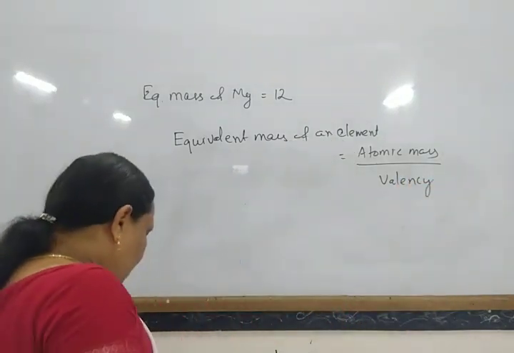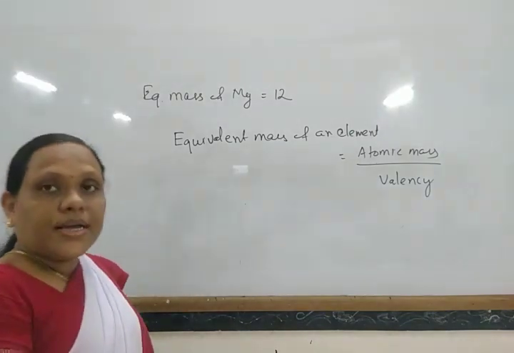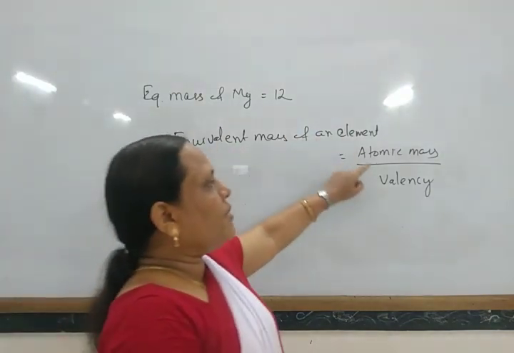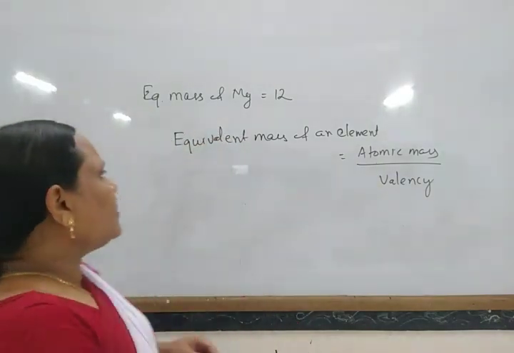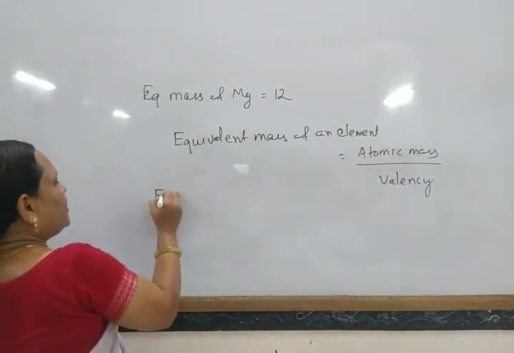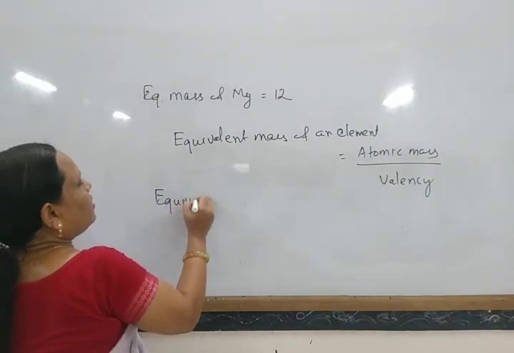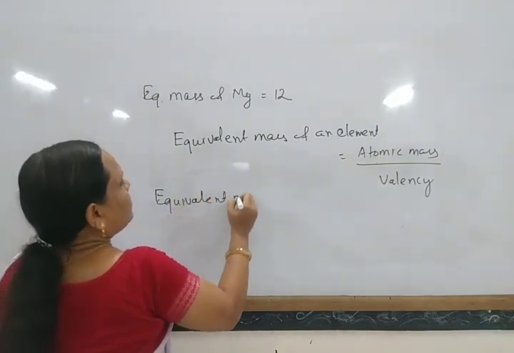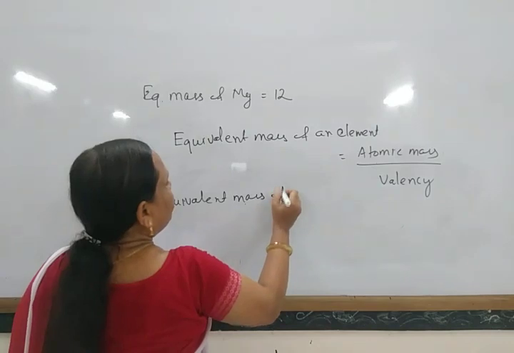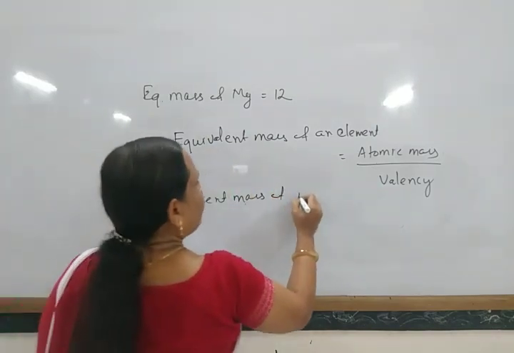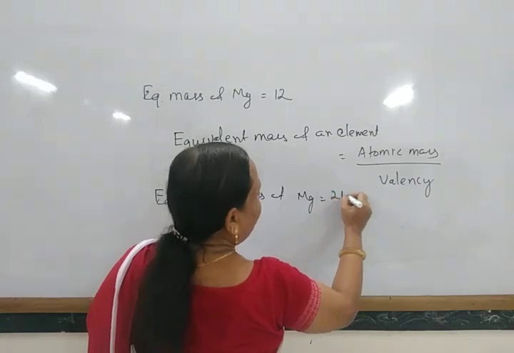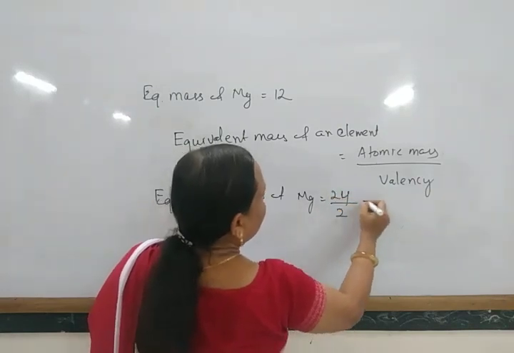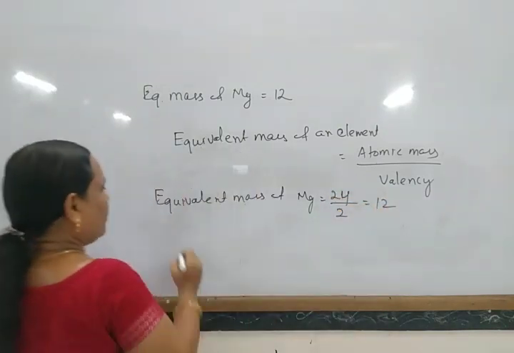In the same way, for the equivalent mass of elements like magnesium, its atomic mass is 24, valency 2, so equivalent mass is 12.